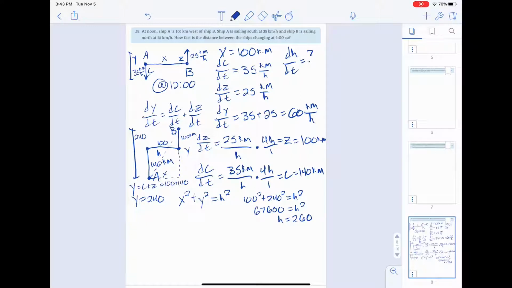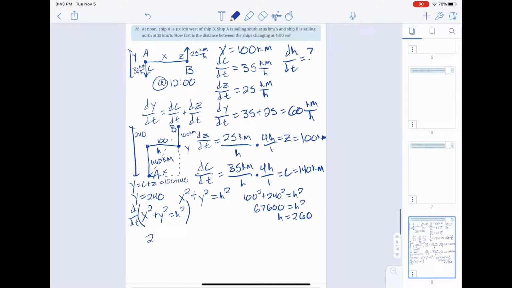And to get that, we're going to take the derivative of the Pythagorean theorem with respect to t. And that'll give us 2x dx with respect to t plus 2y dy with respect to t equals 2h dh with respect to t, and we're going to cross out all of those 2's.